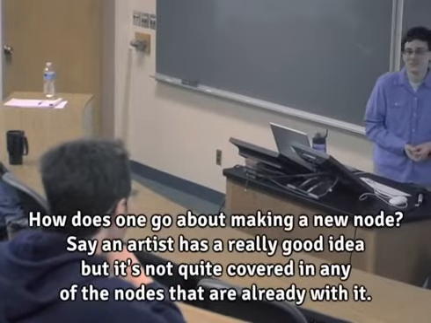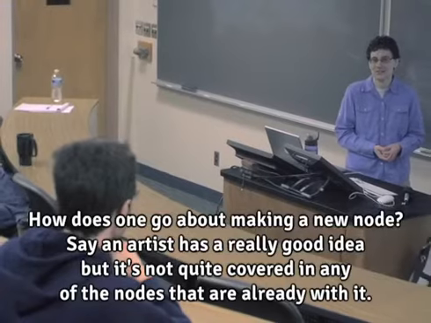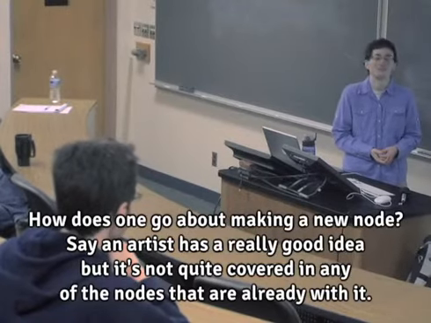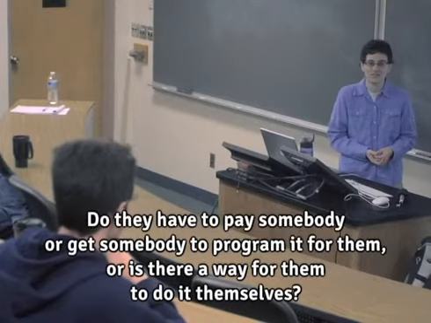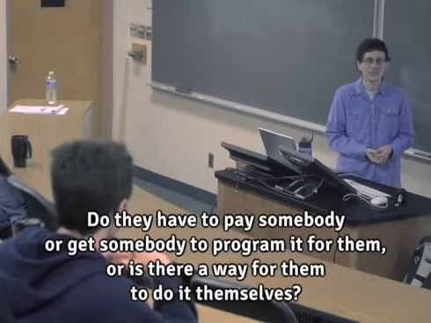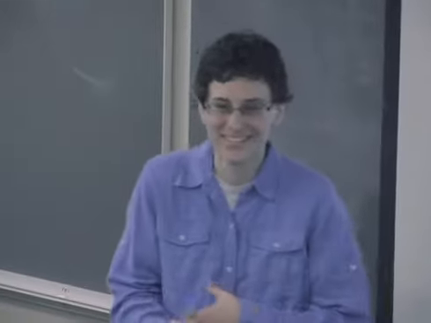Yes? How does one go about making a new node? Say an artist has a really good idea, but it's not quite covered in any of the nodes that are already with it. Do they have to pay somebody or get somebody to program it for them, or is there a way for them to do it themselves? Oh, that is such a good question. So, thank you.